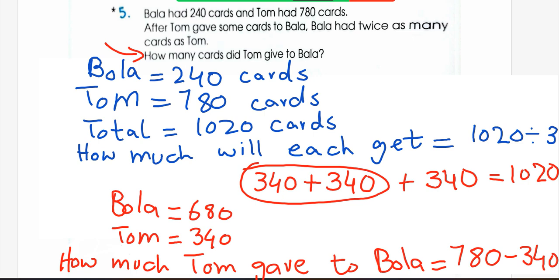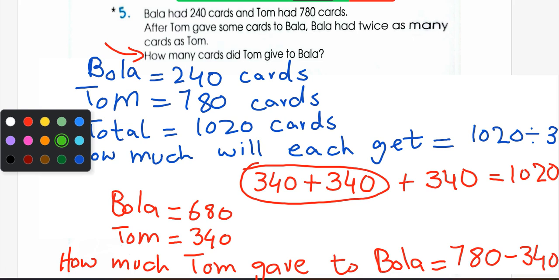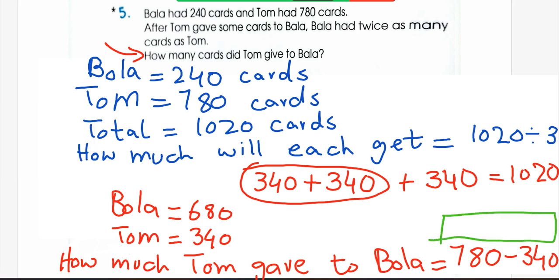After subtraction, he will have 440 cards. This is the final answer. How many cards did Tom give to Bola? He gave 440 cards to Bola, and how many cards are left with Tom? So it is 340 left with Tom. But he gave 440.